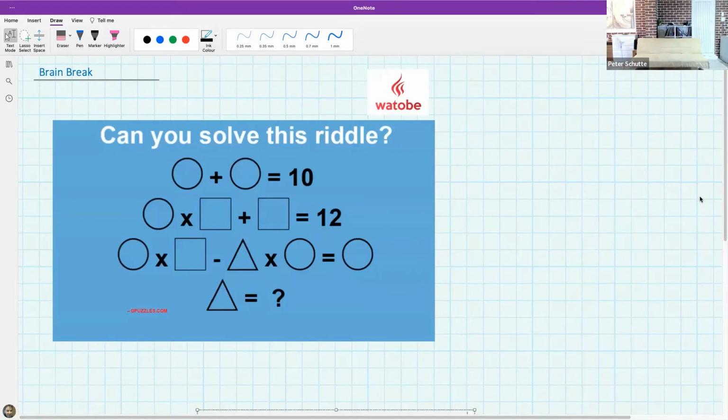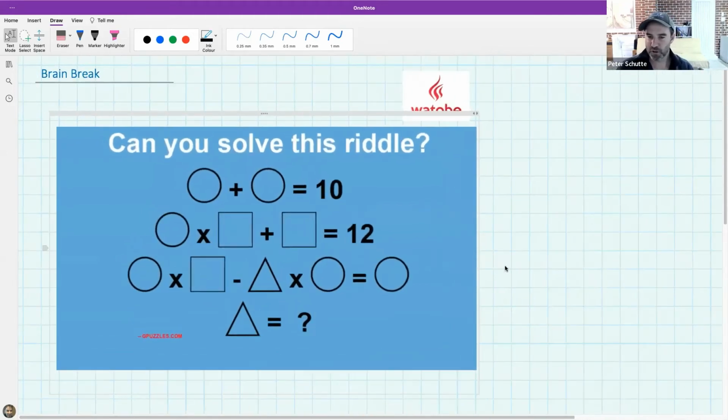Let's do this, guys. The pen and nose. What happened to the pen and nose? I like it. I'm so good at that game, guys. Let's solve this riddle. Please don't do the pen and the nose thing.